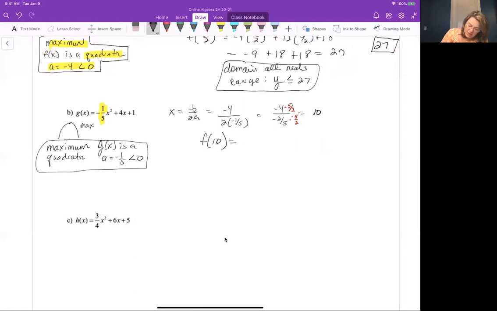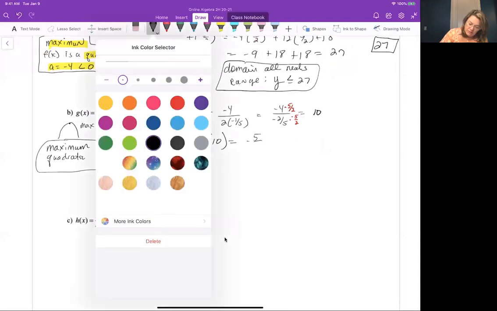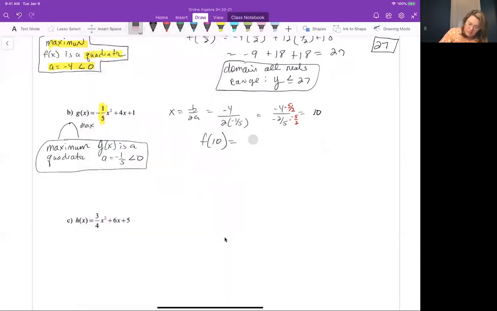So 10, negative 5, I'm sorry, negative 1/5 times 10 squared plus 40 plus 1. All right, 10 squared, 100, divided by 5, 20.